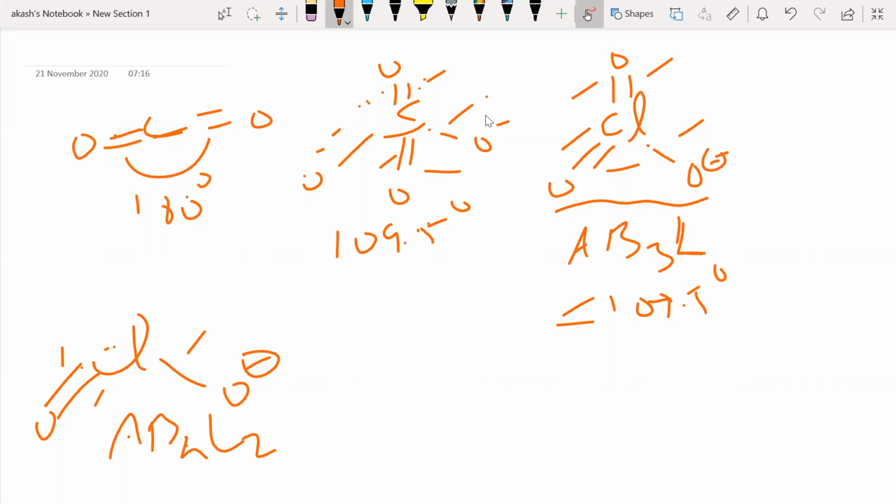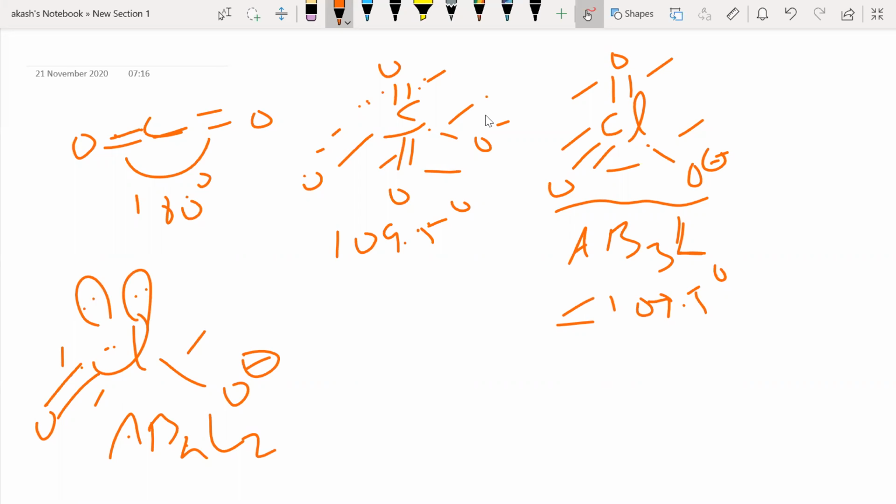AB2L2. Yes. So what would have been the example which we took for AB2L2? Do you remember the famous example? Absolutely, right? So H2O is a very good example. So when I compared H2O with NH3, what happened? Here I have 2 lone pairs, right?